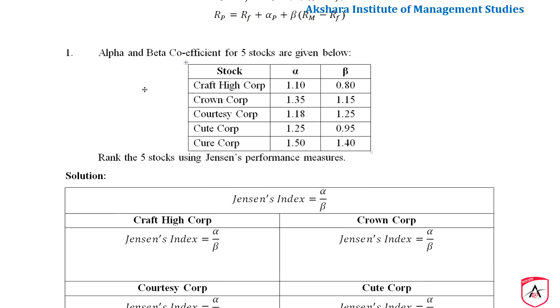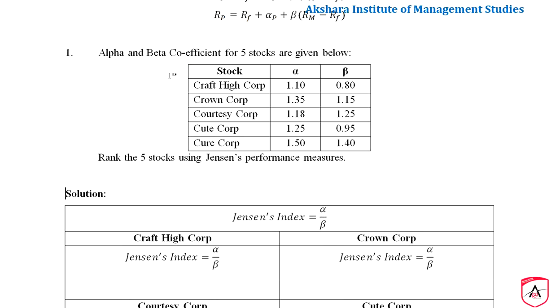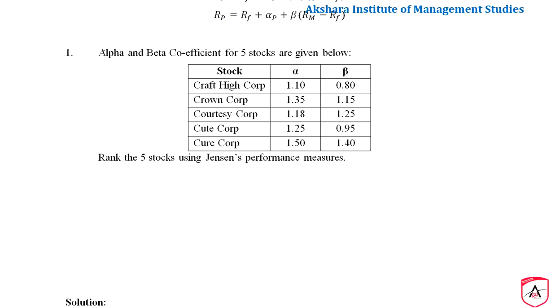He says alpha and beta coefficients for 5 stocks are given below. The stock names are Kraft High Corp, Crown Corp, Courtesy Corp, Cute Corp and Cure Corp. He has given the alpha and the beta for all 5 stocks.